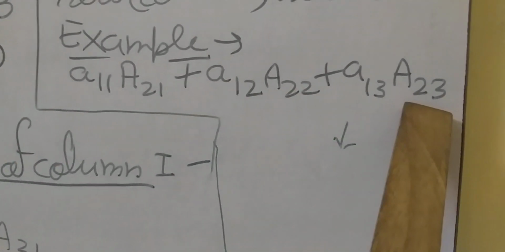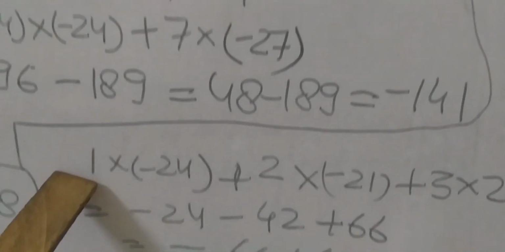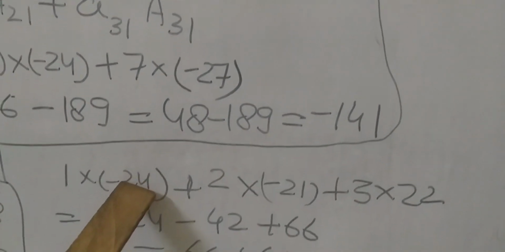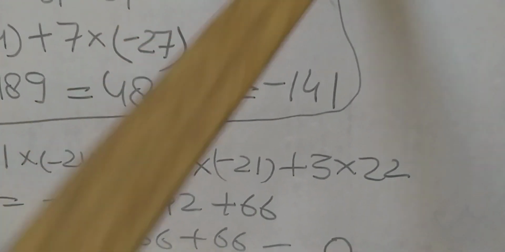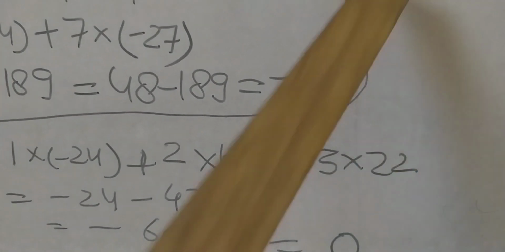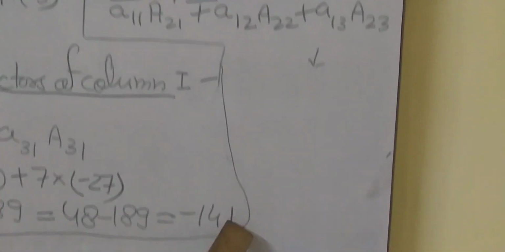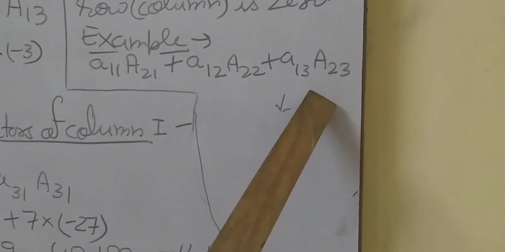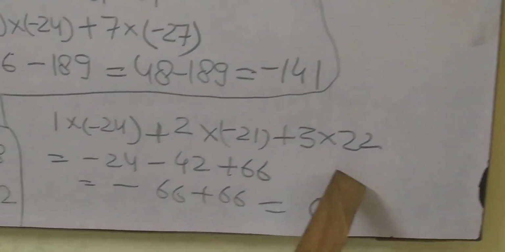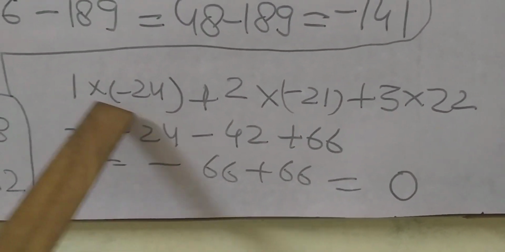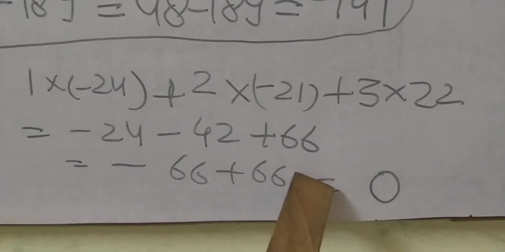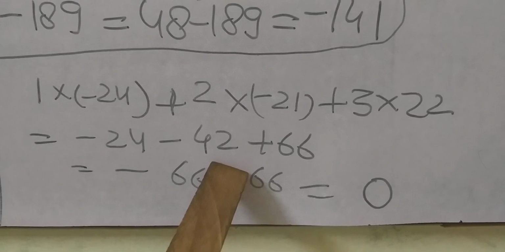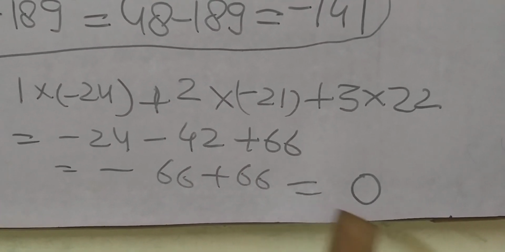Let us do the calculation: a11 value 1 with A21 cofactor minus 24, a12 value 2 with A22 cofactor minus 21, a13 value 3 with A23 value 22. Minus 24 minus 42 plus 66 equals 0.